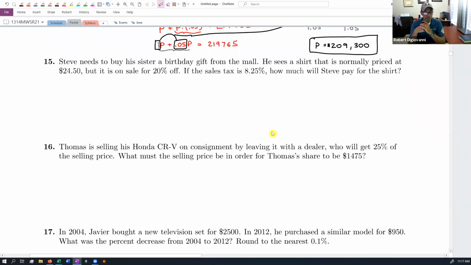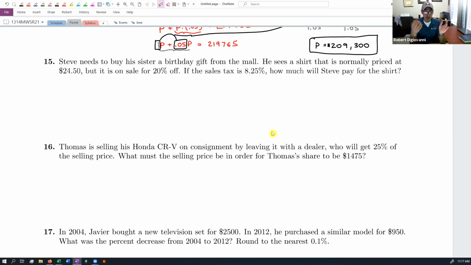Steve needs to buy his sister a birthday gift from the mall. He sees a shirt that is normally priced at $24.50, but it's on sale today for 20% off. If the sales tax is 8.25%, how much will Steve pay for the shirt? So think about this. The shirt's normally $24.50, but it's on sale. So it's 20% off.